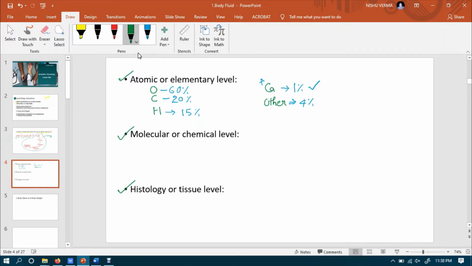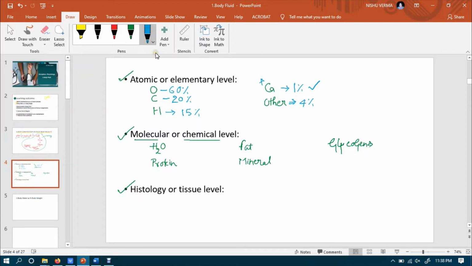As we are talking about, the next level is the molecular or chemical level. Our body comprises mainly the chemical called water. When we take a diet, it has proteins, fat molecules, some minerals, and glycogen, which is the energy packet for our body.